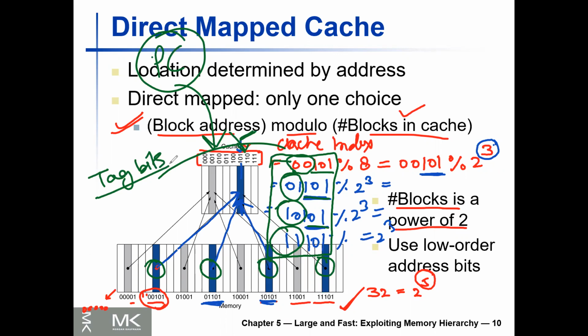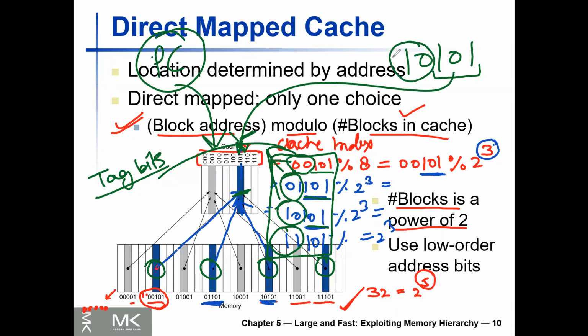So we are not just going to store the data in the cache, we are also going to store these tag bits, so that whenever the processor needs to read data from some particular address, it will first check: okay, index is there, found, very good, data is there. Now it will check whether this is the correct data, so it will also match the tag field. If the tag field matches, we say this is the exact data, and this is what we call a hit.